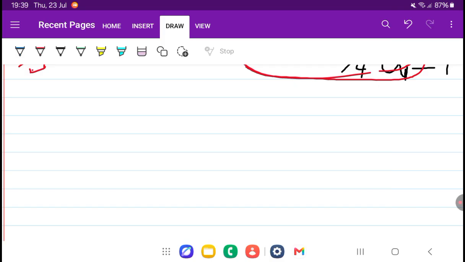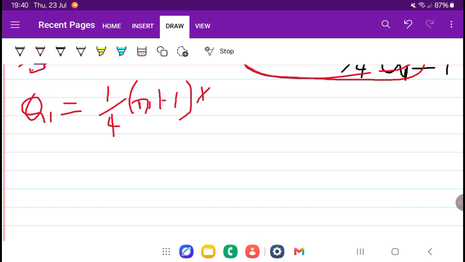So the Q1, we said the formula will be Q1 equals 1 over 4 into n plus 1. This will give you the nth number. Then we look at the second quartile.